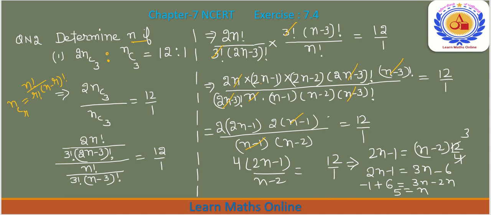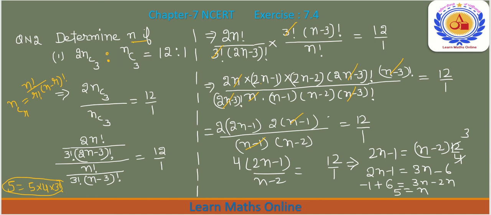Very interesting. Like 5 factorial can be written as 5 into 4 into 3 factorial, no problem. In a similar way, we can write 2n factorial as 2n into 2n minus 1 into 2n minus 2 into 2n minus 3 factorial. Next term we have n minus 3 factorial.